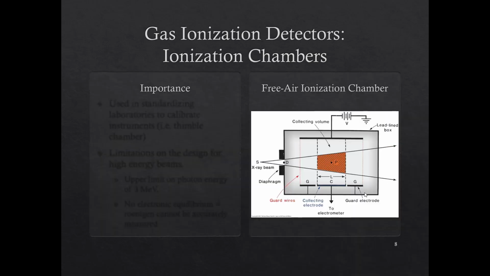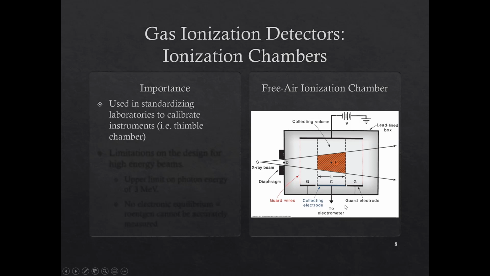So this is a free air ionization chamber schematic, so we're going to have a very similar thing where you have your collecting volume in the center, you have your electrodes. These are to prevent spurious things from coming in and out. So these guard electrodes here, you'll have this diaphragm that kind of allows a nice perpendicular beam here, and a lead line box to prevent things from leaking out.